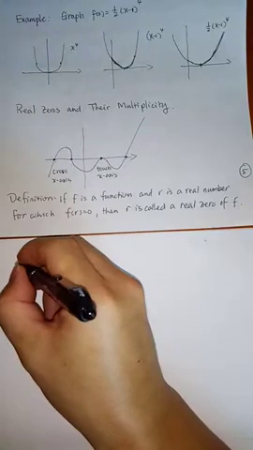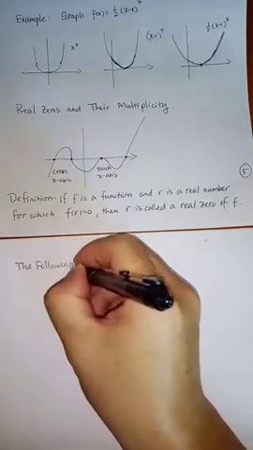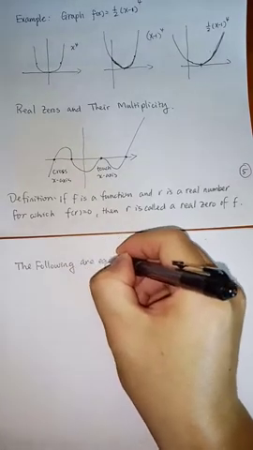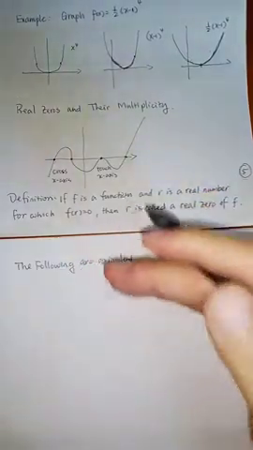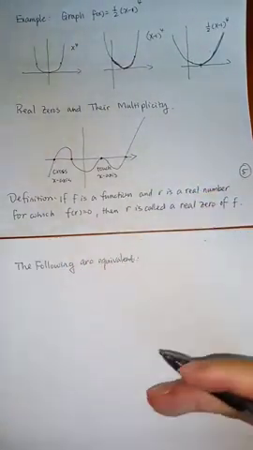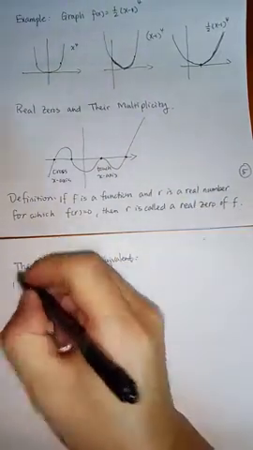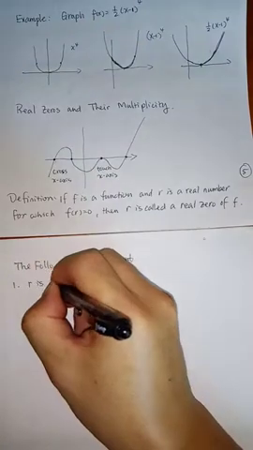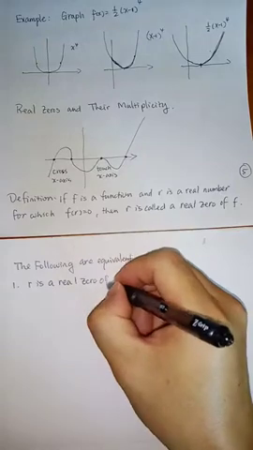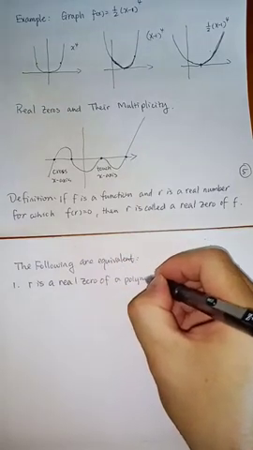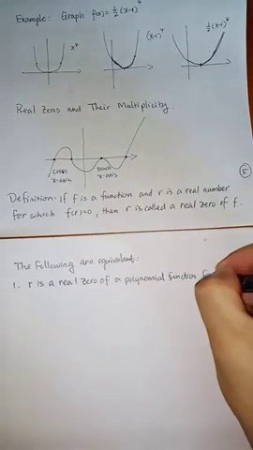Whenever you see "the following are equivalent," it just means you will see several statements, and all the statements imply one another. 1. r is a real zero of a polynomial function f.